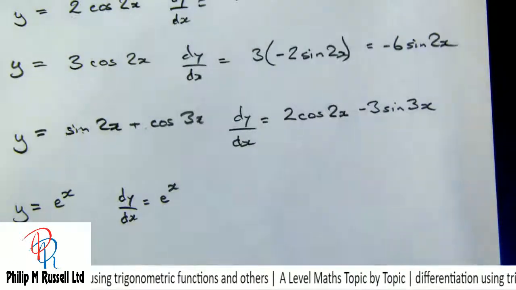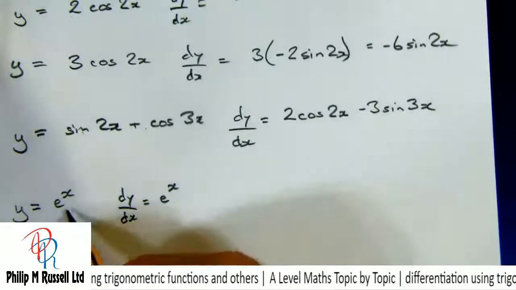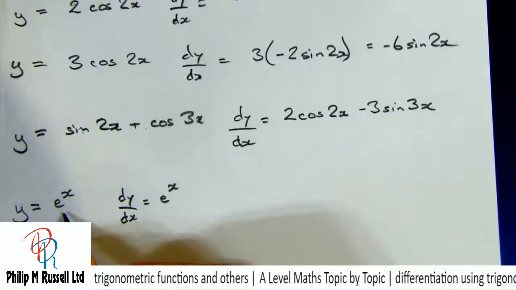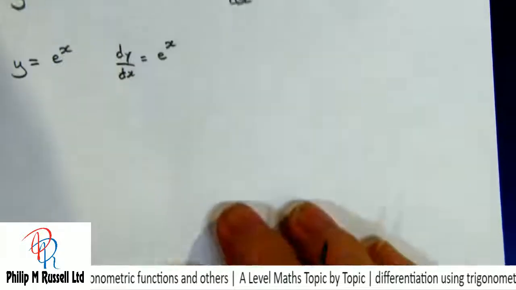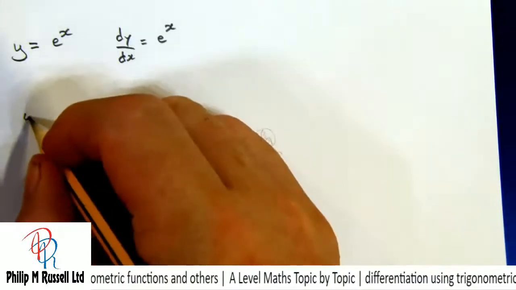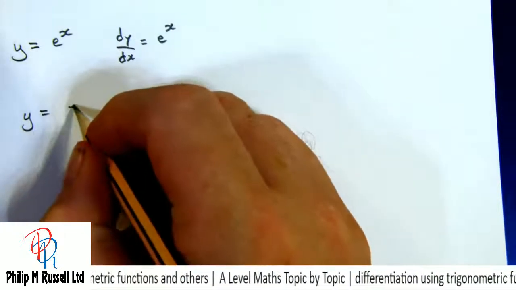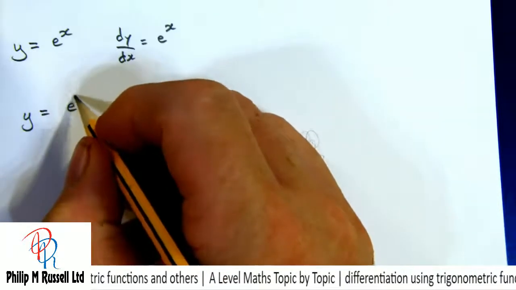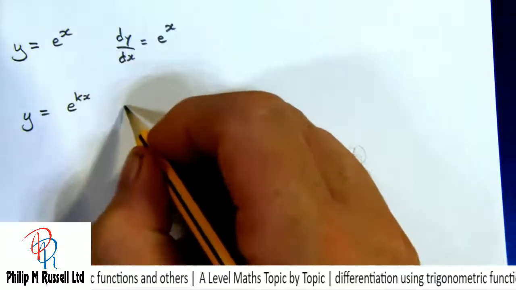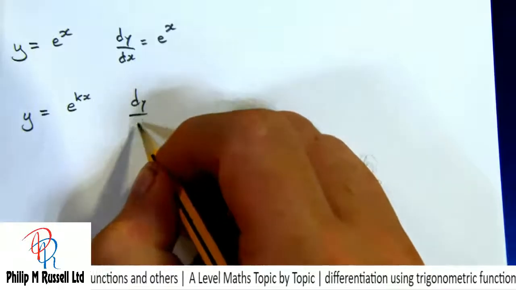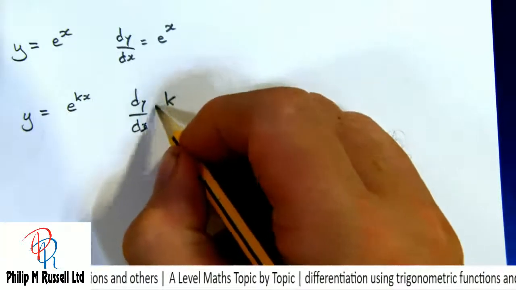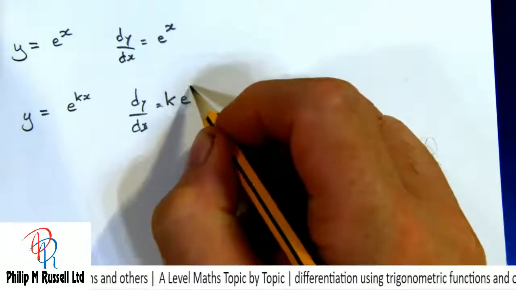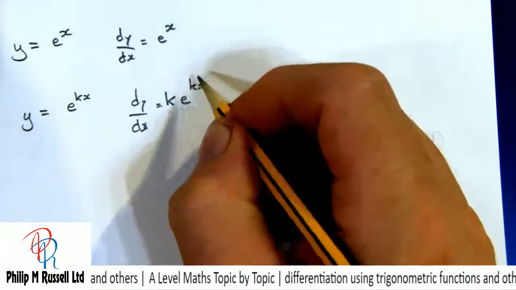So simply we can play around. Let's take this, but write it out just very slightly differently, and we'll say y equals e to the kx. If I differentiate this, this becomes k e to the kx.